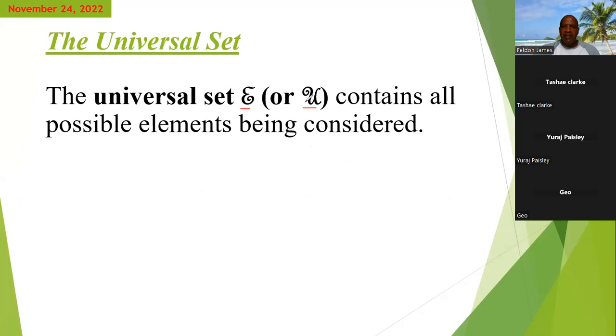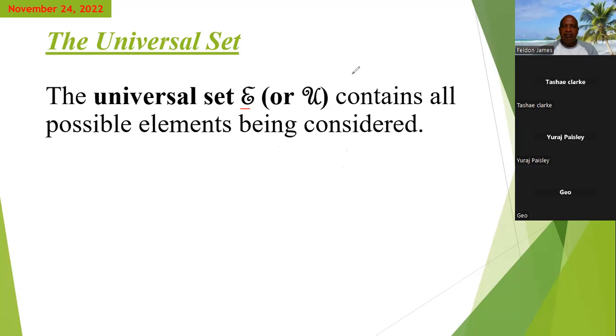So you won't be seeing these symbols in CSEC unless they might want to come up with something new. But in most of the older textbooks, these were the symbols that they used to denote the universal set. Now for CSEC, you may just see a U looking like that, and that is what they use to represent or denote the universal set.